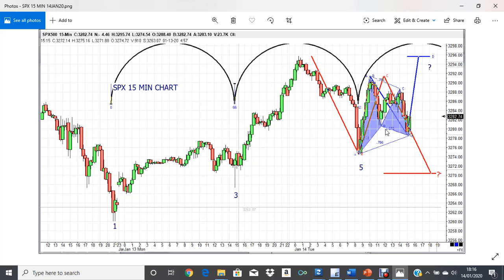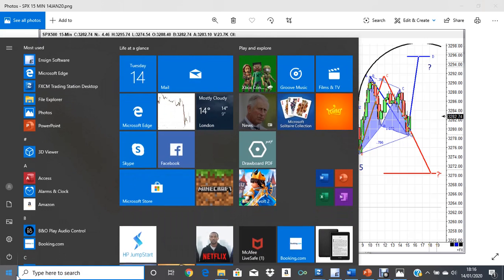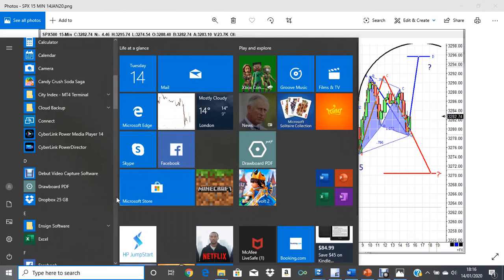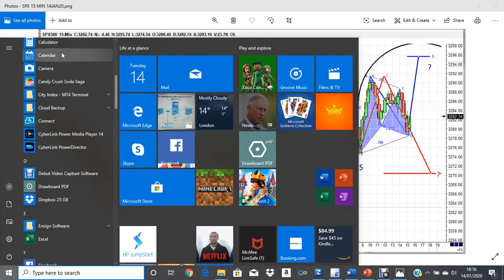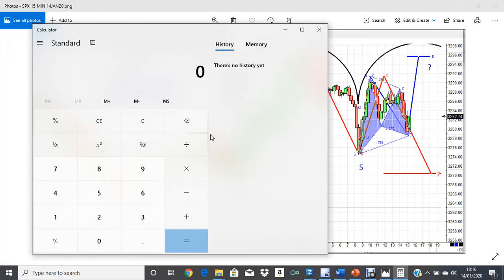Now 1.27 and 786 are related. I'll do you a quick, find my calculator quickly. Calculator, right, here we go. 0.786.